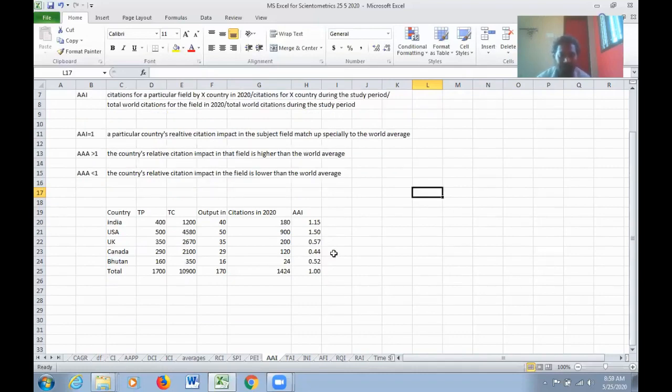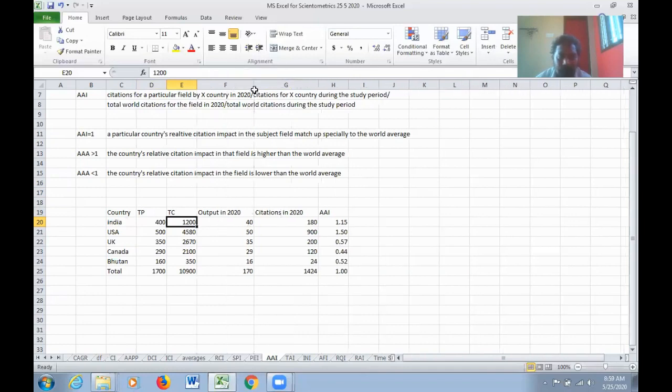You can see here, let us say India, total publications, total citations, and this is total output in 2020 and total citations in 2020. How do we calculate the attractive index? G20, that is the number of citations India received in 2020, divided by E20. What is that?